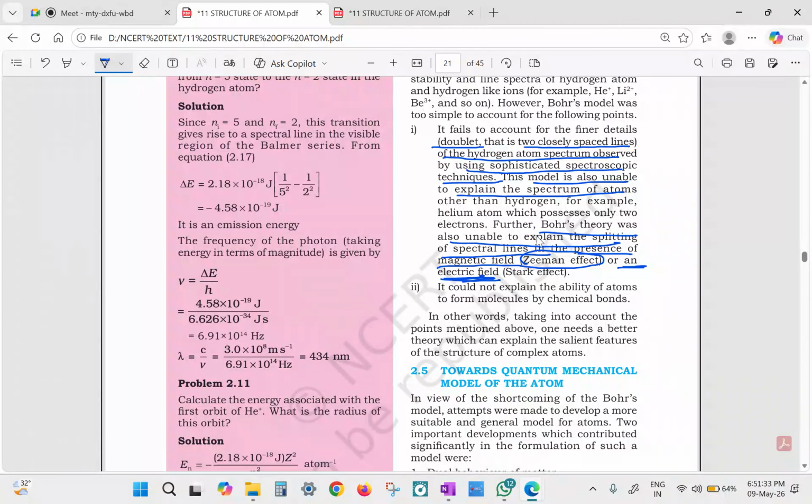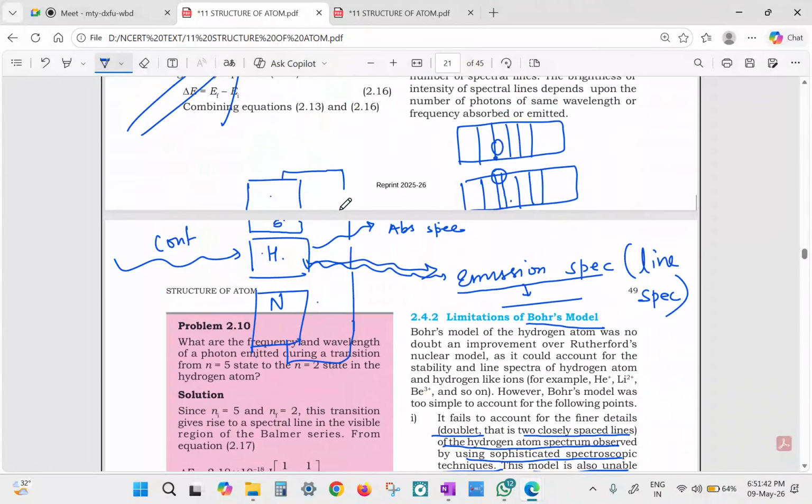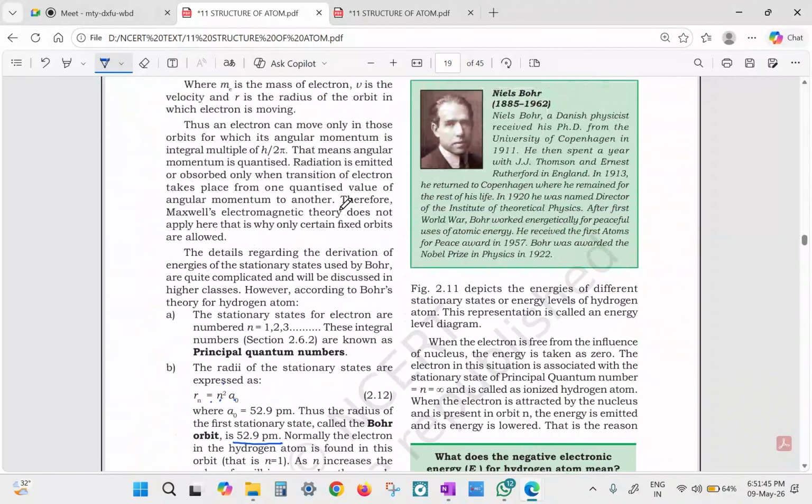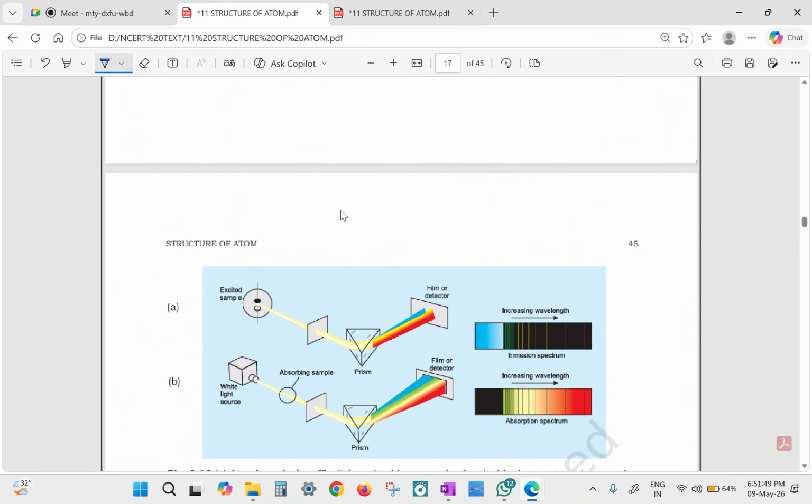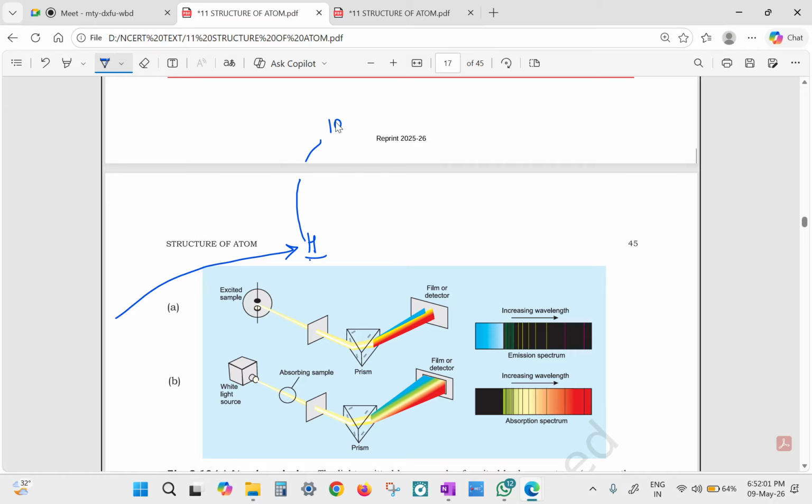So previously it was one line alone, and now it's a doublet. In the spectrum of any atom, would you get only one line? You are doing the spectrum analysis for a batch of hydrogen. In one hydrogen, an electron could have been sent to the 10th level, and when it returns, it will return in small energy packets.